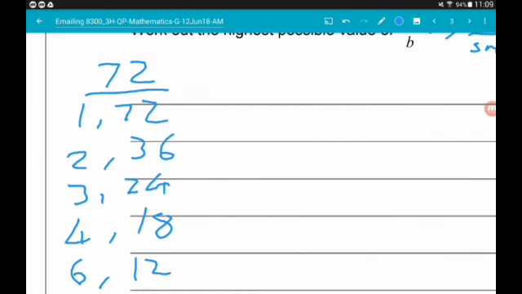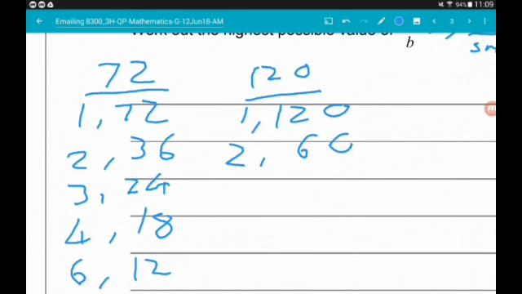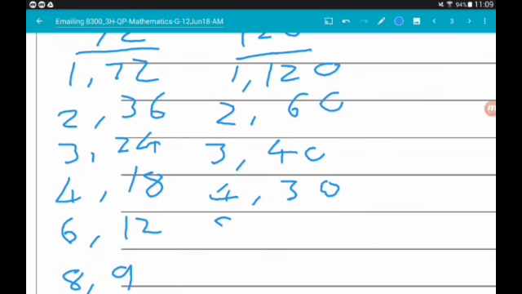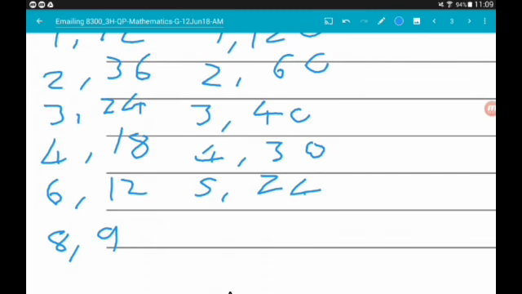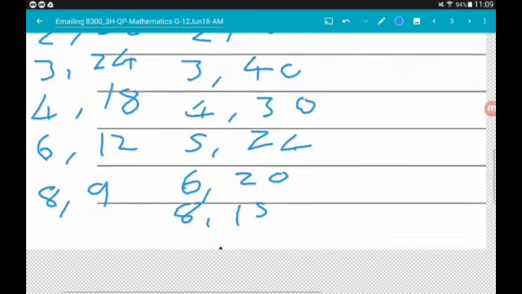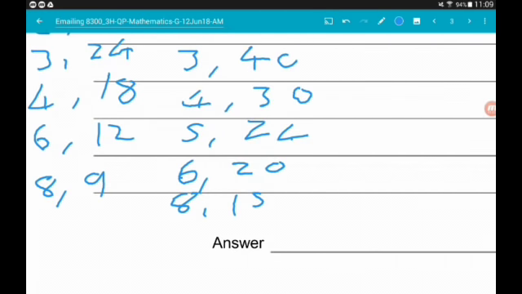We're going to do the same with 120. So we get 1 and 120, 2 and 60, 3 and 40, 4 and 30, 5 and 24, 6 and 20, 8 and 15, and then 10 and 12.